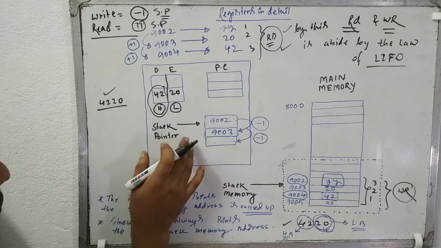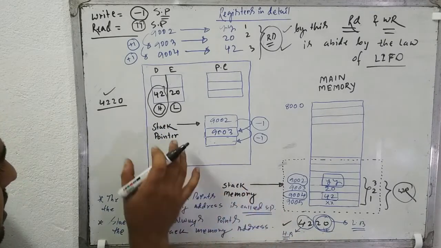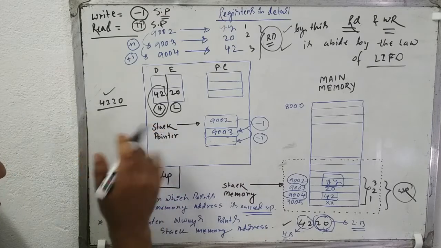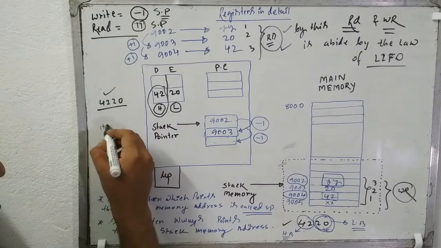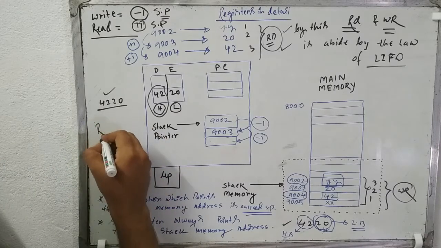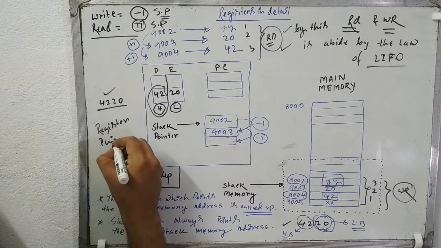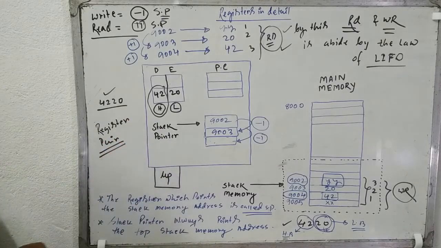If we want to store any value to a stack memory location, the value should always be a register pair value, like the HL register pair. It allows the register pair value, not the single register value.